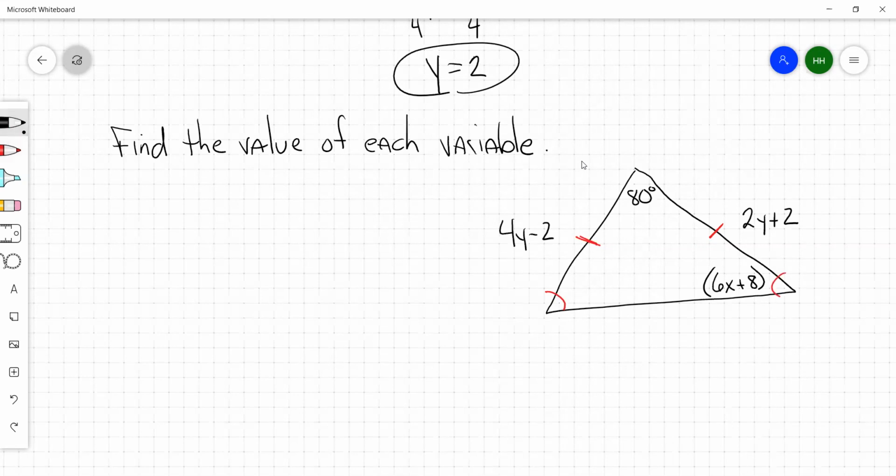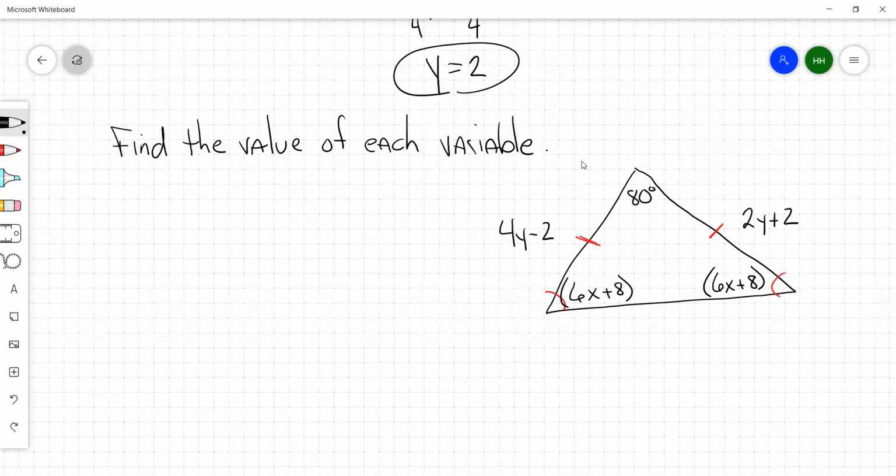So what can I put down here in this bottom left angle? Ooh, wait a minute. These two angles right here. There you go. The angles are equal to 6x plus 8.